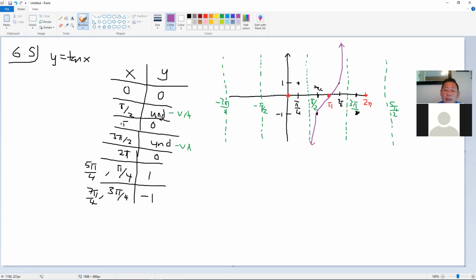If you think about -pi over 4, it will be at -1 here, so this graph will also look something like this. The purple graph that I drew here is what we call your tangent graph. It looks very similar to a cubic graph in this case.